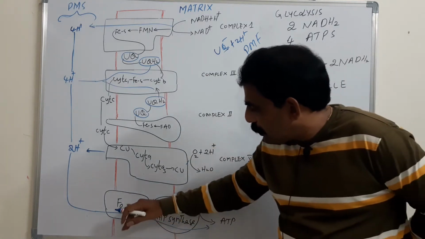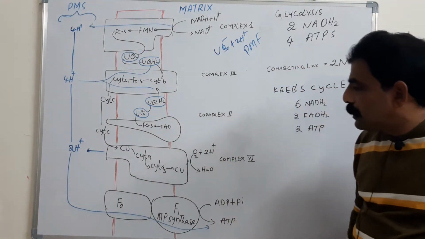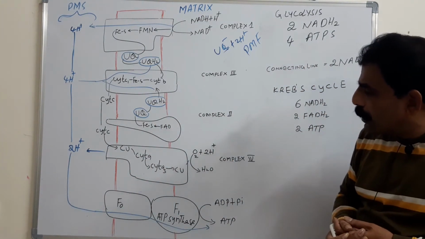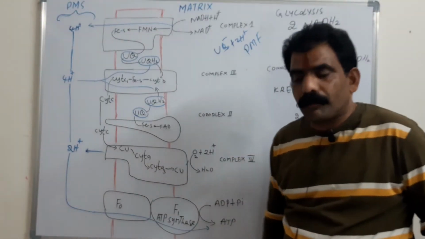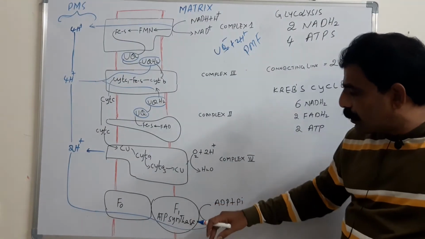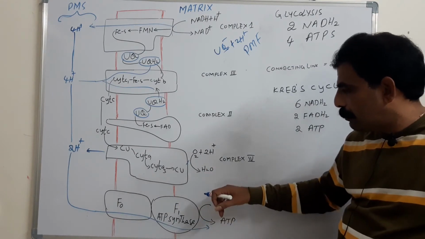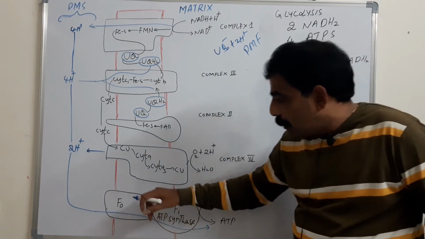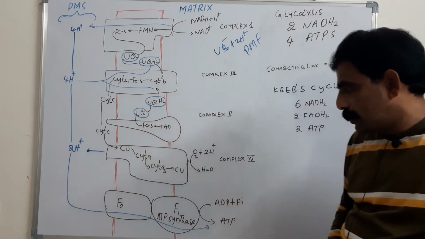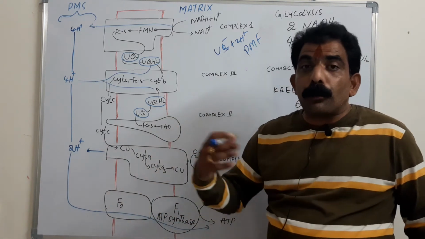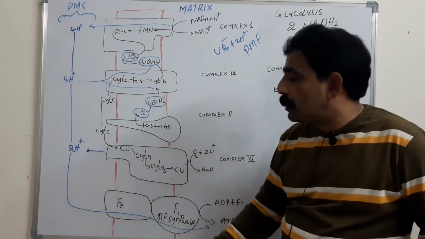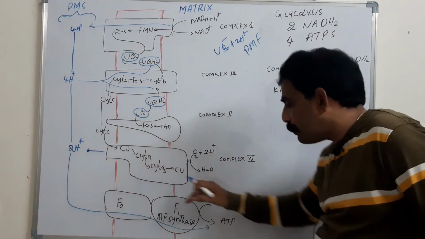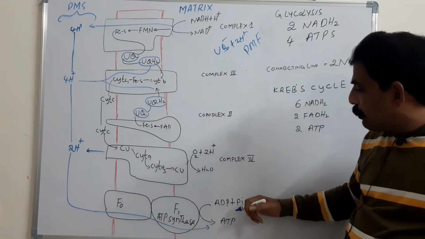F0 is the protein complex which is present inside, whereas F1 comes out into the mitochondrial matrix. The F0 protein complex acts as a proton channel which facilitates the movement of protons from the perimitochondrial space into the mitochondrial matrix.